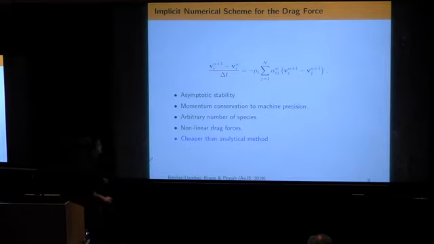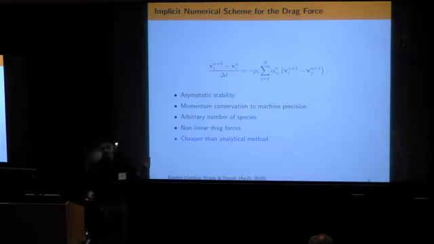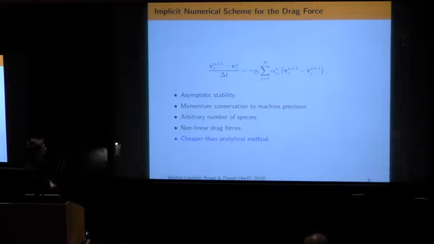And it turns out that it's cheaper than an analytical method, and it has another advantage as well, which I'm going to mention later on. It is cheaper because if you want to solve this equation, you don't need to solve it numerically, in principle. In a linear drag force regime, you can solve the eigenvalue problem.